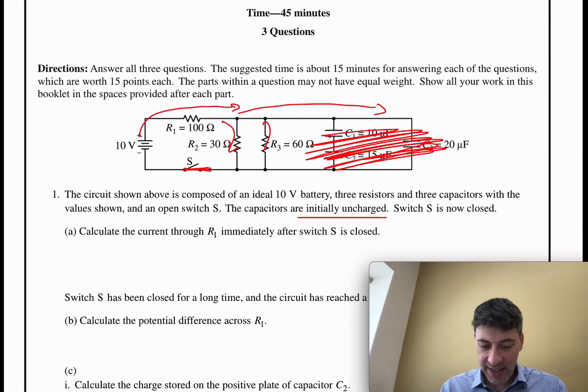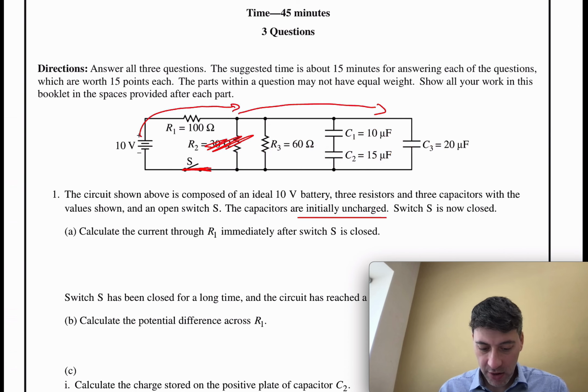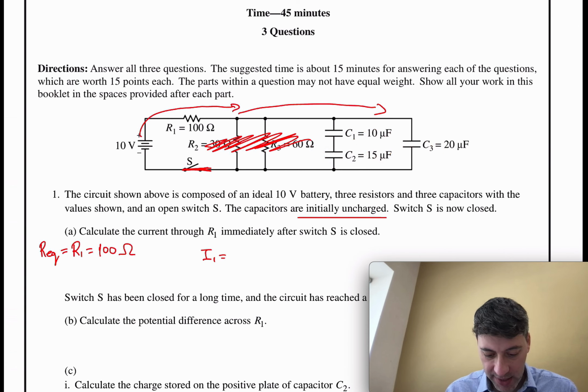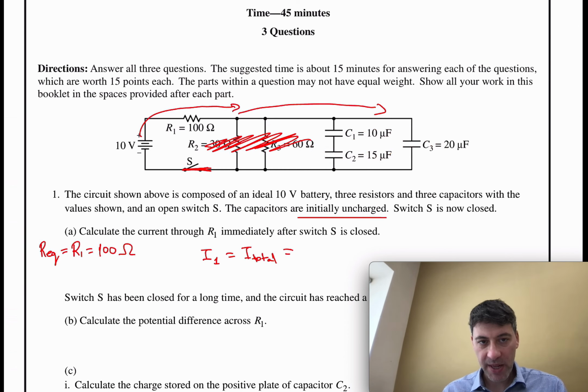So initially, the only thing that is happening is that current is flowing only through resistor 1, so the R equivalent is equal to resistor 1, which is 100 ohms. Actually, we cannot calculate directly the current 1, we'll calculate the total current, but we can say that the current 1 is equal to the total current because it is connected directly to the battery.